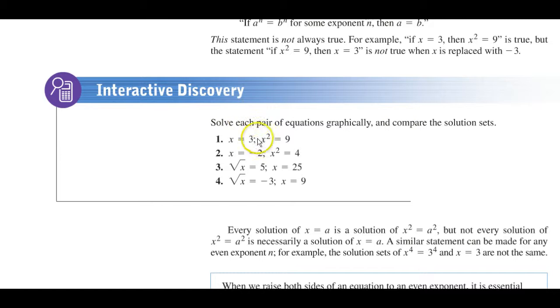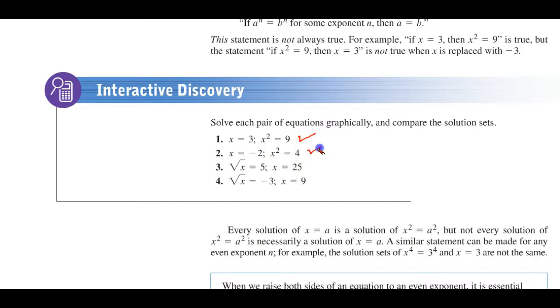Interactive discovery. If x equals 3, does x squared equal 9? Yes, that's true. If x equals negative 2, does x squared equal 4?